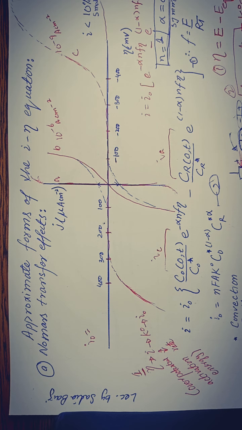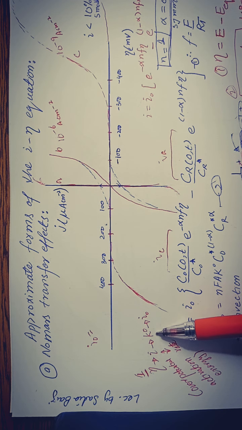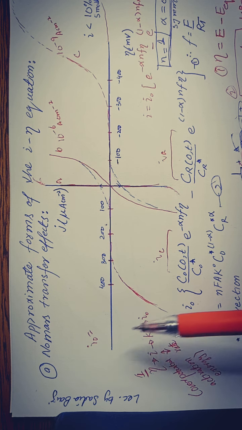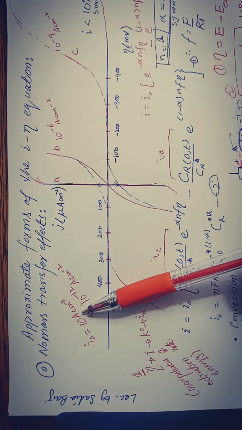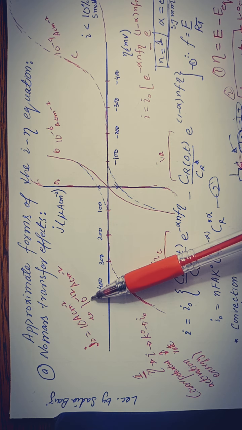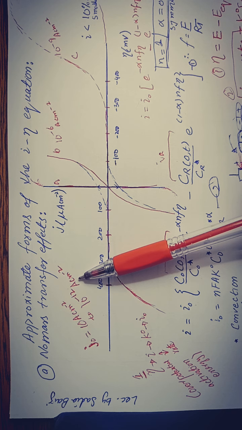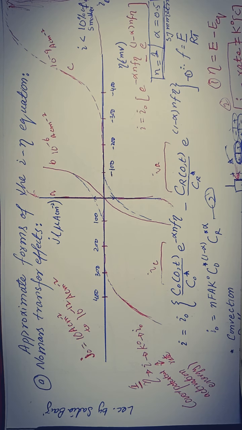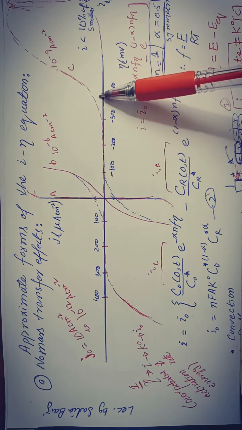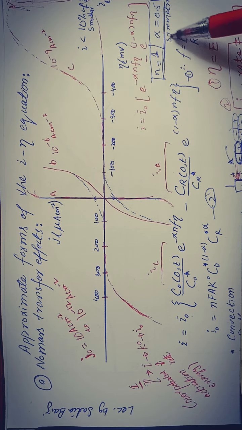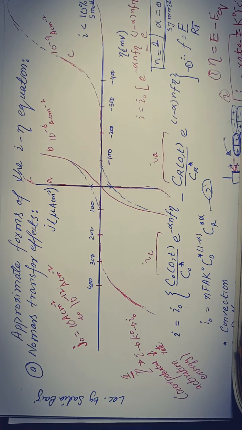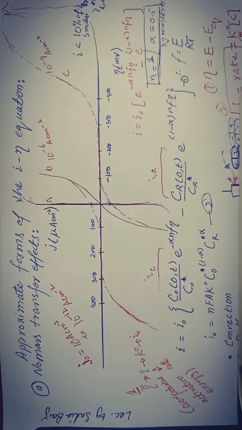In real systems, exchange current densities reflect the wide range of the standard rate constant, and they may range from 10 ampere per centimeter square to picoampere per centimeter square. So here we have these three plots which are showing the symmetrical energy barrier, where the alpha was 0.5, which is known as the transfer coefficient.